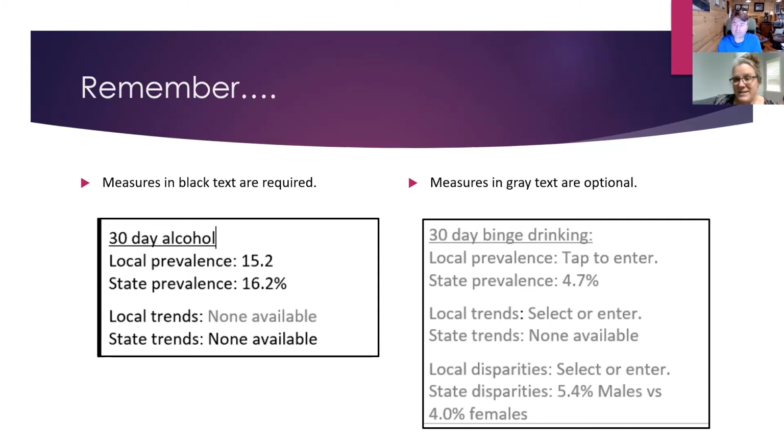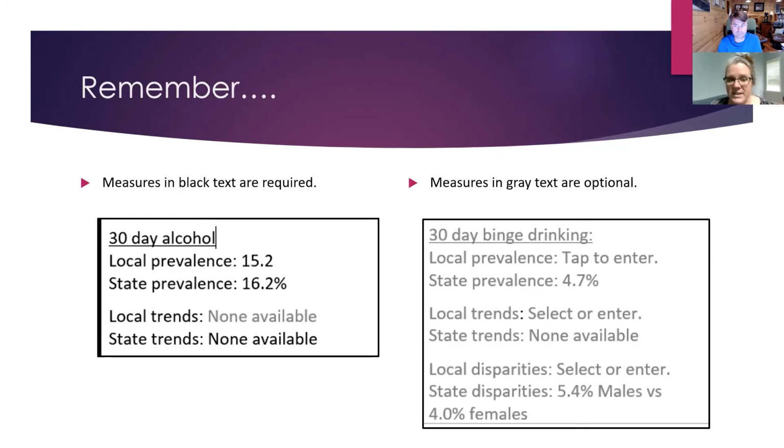We know when we design this that a lot of times the state doesn't even have trend data or disparities data, but we feel like it's important to include where you have it. And so we wanted to ensure this could be flexible depending upon your local data availability.